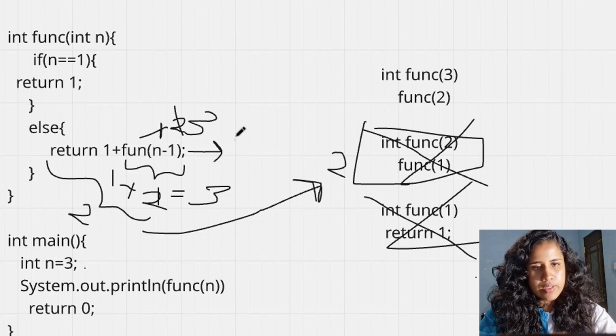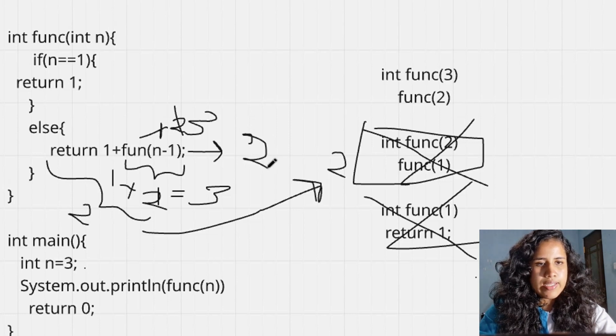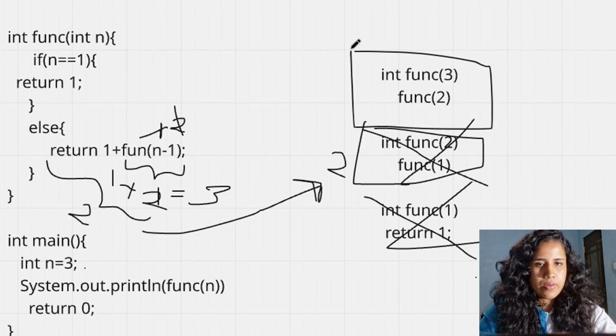So it's 3. So now it's the int function 3. So it will execute the function 2, which means it will give the previous value, which is 3. So the output will be 3.